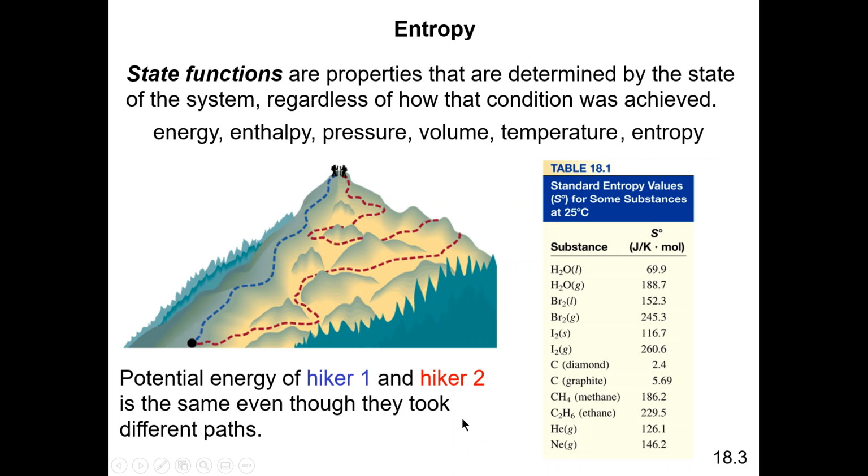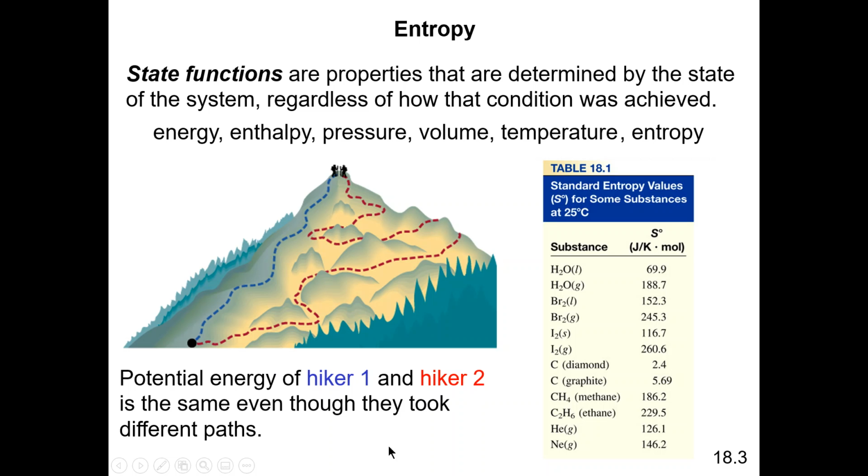The illustration shown here is illustrating the whole idea of state function. If a hiker from this point here travels this pathway to get to the top of the mountain, and another hiker chooses a more complicated route, they both get to the same peak. That means that the difference in height between here and here is still the same.